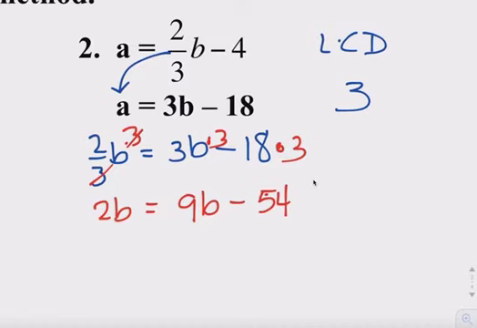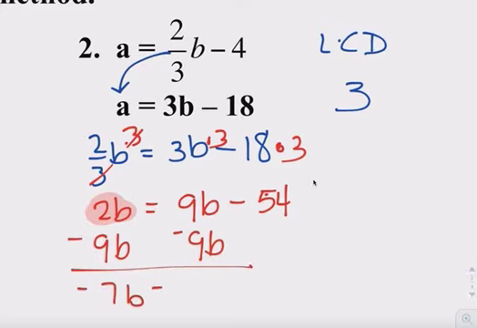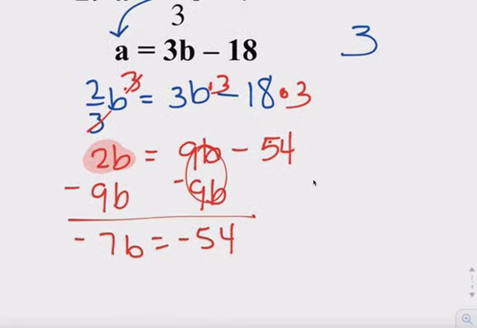I have to get rid of b because b is on the other side. I need to get rid of 9b even though I don't like working with negatives, because this only has b here. So negative 7b equals 0 minus 54, which is negative 54. Divide by negative 7, divide by negative 7.